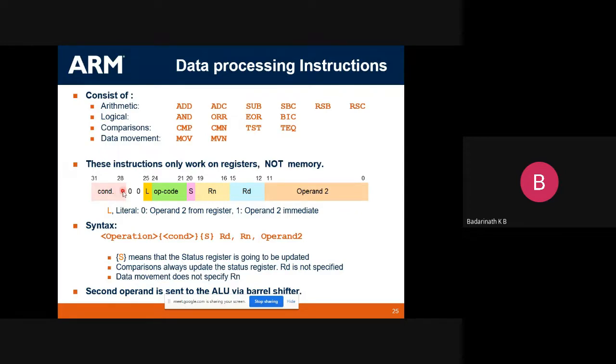Now we have understood that each 32-bit instruction, that is a 32-bit number which represents an instruction, has the space for the opcode, the meaning of the instruction, has a 1-bit space to indicate the flags to be affected or not, has a 4-bit space to indicate whether it's a conditional code instruction or not, and also has space for indicating the 3 operands: operand 1, operand 2, plus the destination operand.